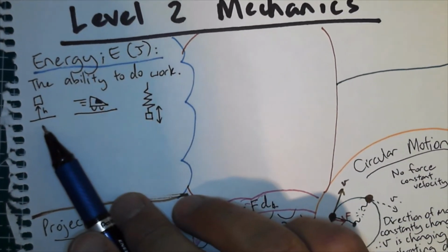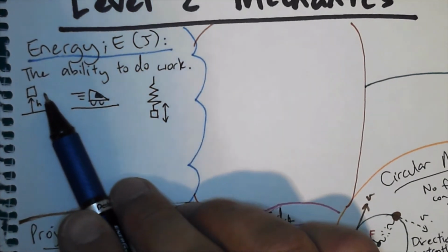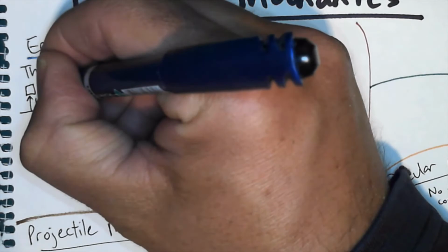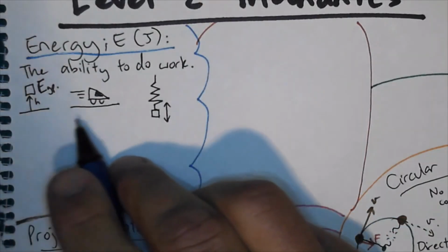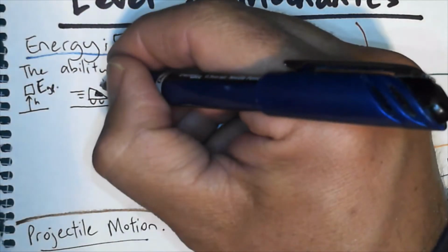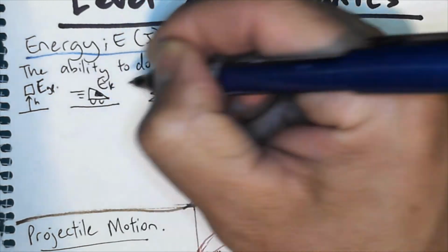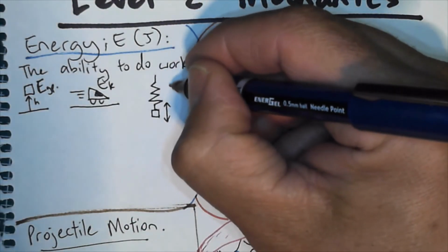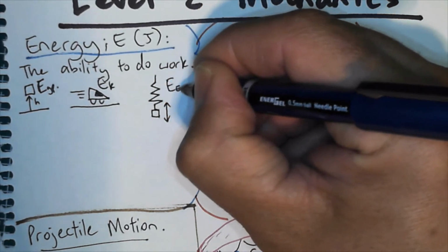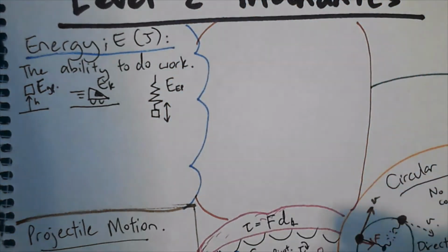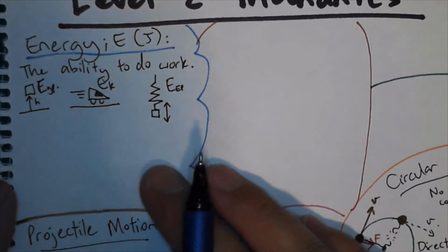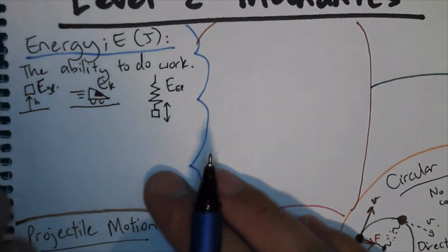There's lots of different types of energy. For example, an object that gains height gains gravitational potential energy, or EGP. An object that's moving has kinetic energy, or EK. And a mass on a spring, for example, that stretches the spring has elastic potential energy, EEP. There's lots of other different types of energy, but these same laws that I'm about to write apply to all different types of energy.